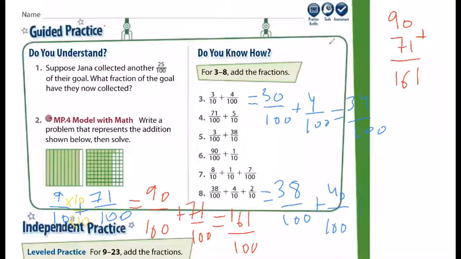Also, for 2 over 10, 2 times 10, 20 over 10 times 10, 100. I will have 38 plus 40 plus 20. How to add fast? 20 plus 40 equals 60. 60 plus 30 equals 90 plus 8, 98 over 100.